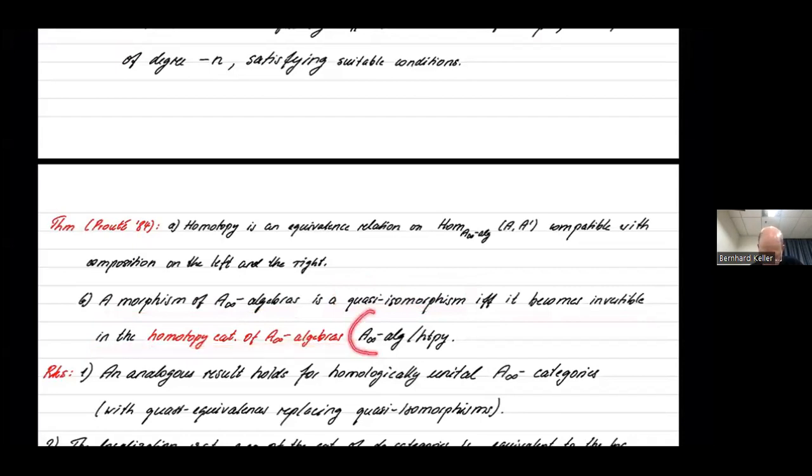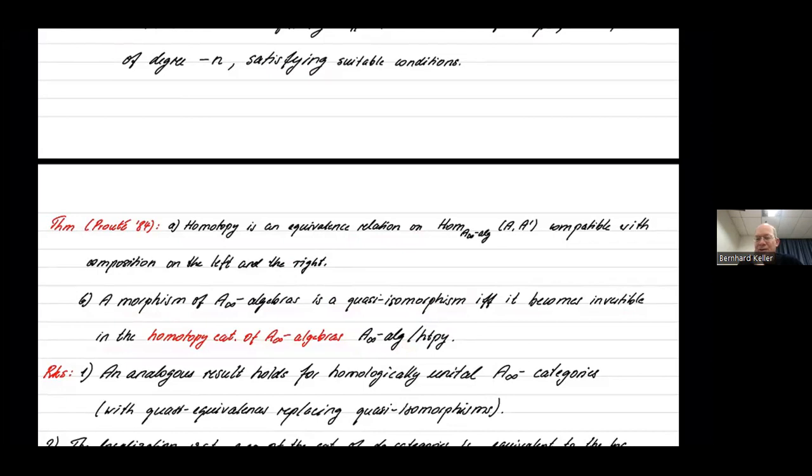So we take the category of A-infinity algebras and we divide by the homotopy relation as defined in the first point. This is of course something surprising if you're used to working with DG algebras.